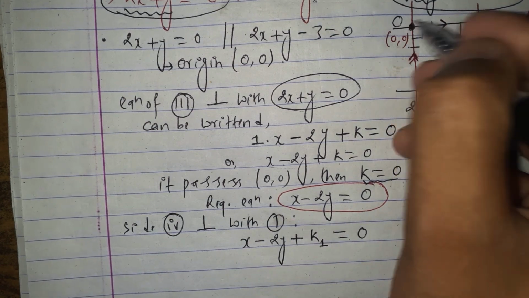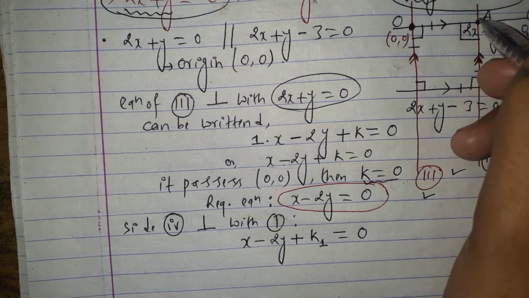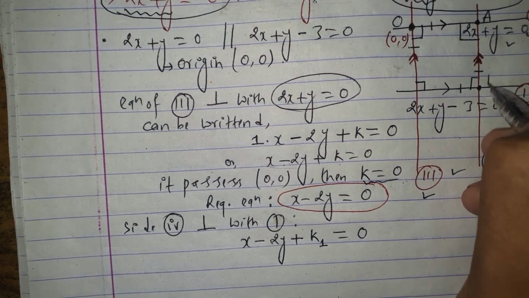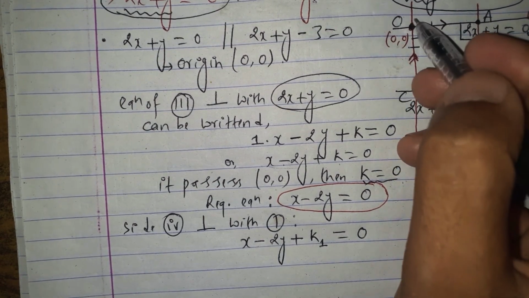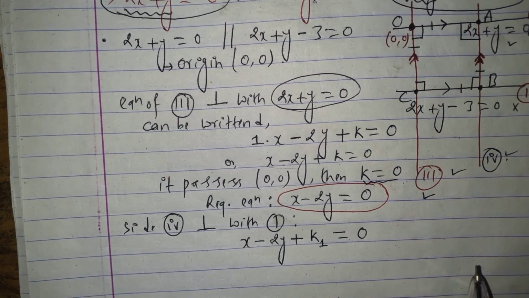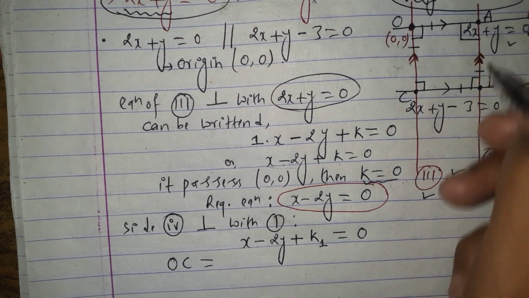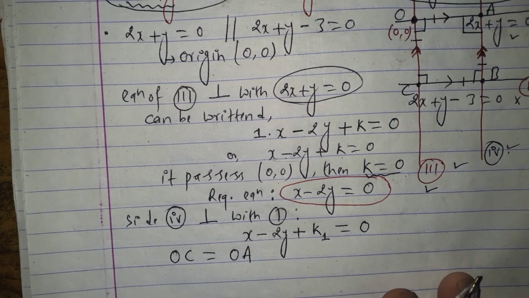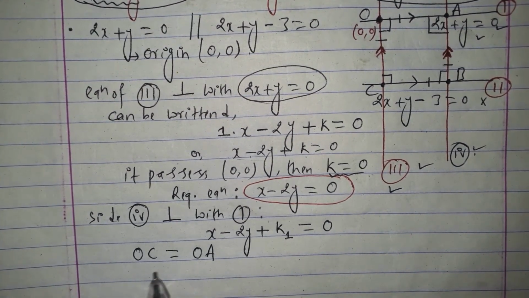Let's name this corner O, this corner A, this corner B, and this corner C. Here a square OABC is formed, and OC is one side. OC should be equal to OA. These two are sides of the square, and the sides of a square should be the same.